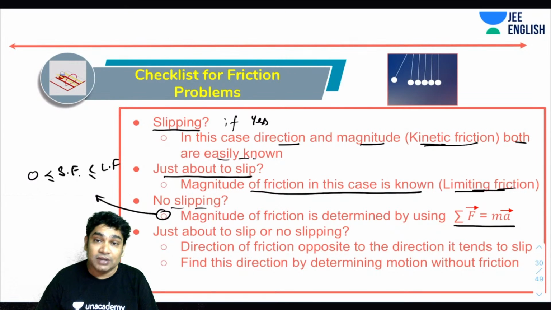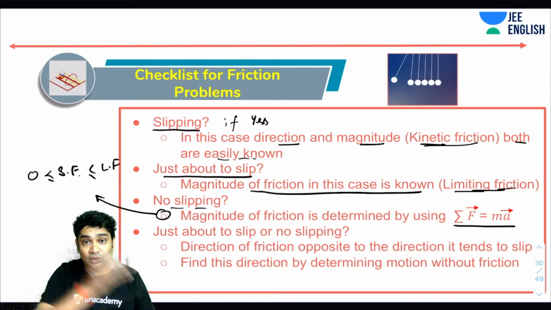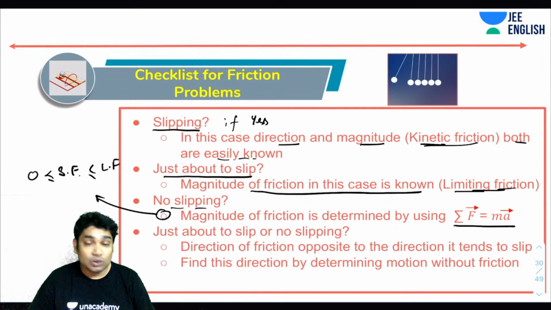So in case there is no slipping, the friction acting would be static, and that can have any value in this entire range. So you cannot pre-decide the value. How will you judge the value? You will write F equals ma equations to ensure no slipping. You will assume no slipping, and to ensure this, you will assume a value of friction and calculate it. That should lie in this range, and that is how we can find the value of static friction.